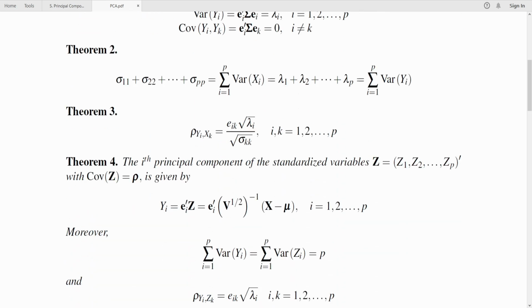So why would we ever take principal components of our standardized variables instead of our initial variables? In this case, the variables are scaled.